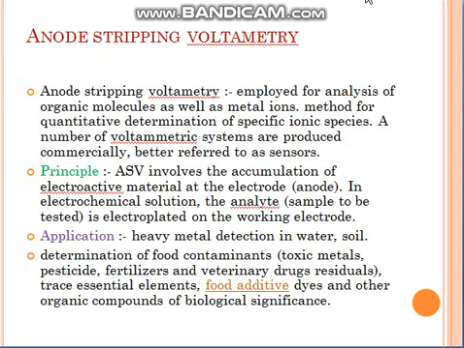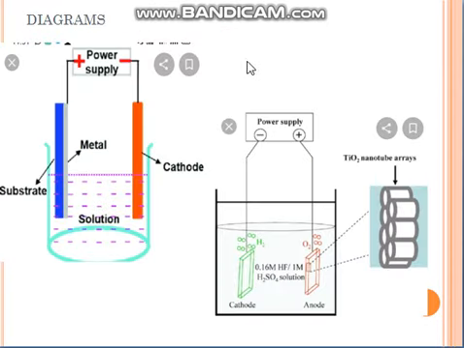So this involves electrochemical solution, and the analyte that is sampled to be tested is electroplated on the working electrode. So here we can see diagrammatically how this process goes on. In this case, the electrolyte is sulfuric acid, and the anode is accumulating titanium oxide.